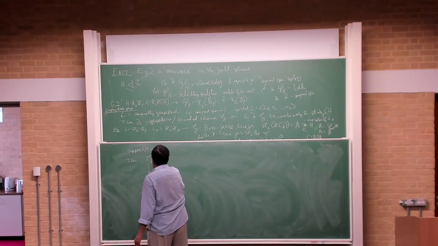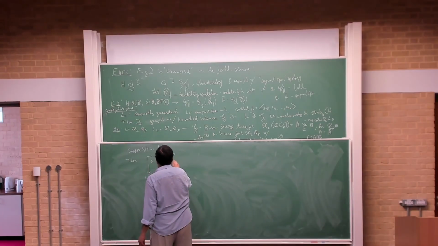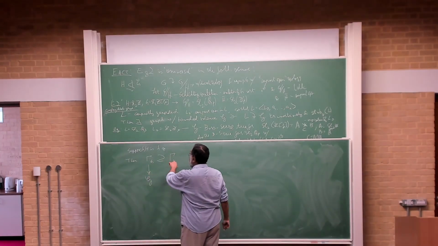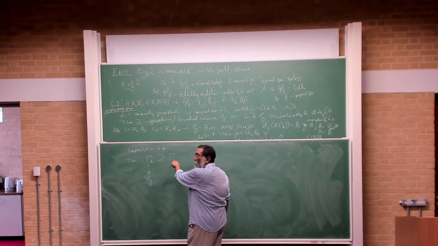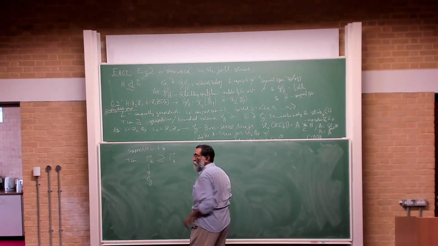And there are fibers. The fibers over vertices are all isometric to gamma H.